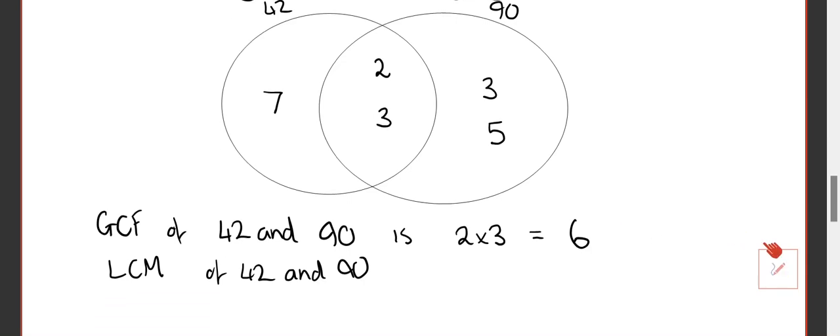Do you know how to find the lowest common multiple from this information? Times 3. That's the greatest common factor. What's the lowest common multiple? That is part of it. Austin?